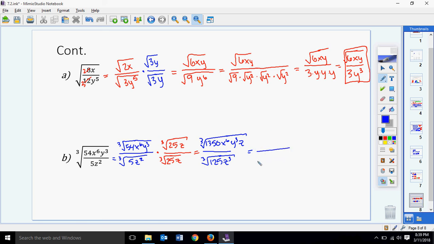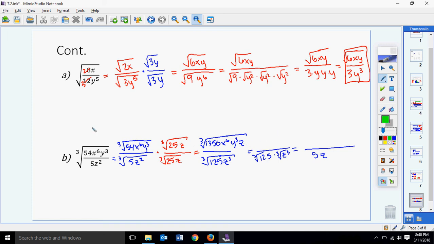Simplify your denominator. Cube root of 125 times the cube root of z cubed. Those are going to simplify to 5 times z. Now I just need to work on simplifying my numerator. I have the cube root of 1,350, x to the 6th, y cubed, and z.